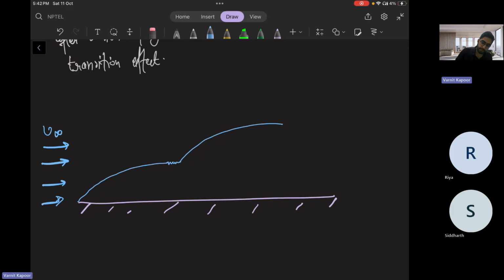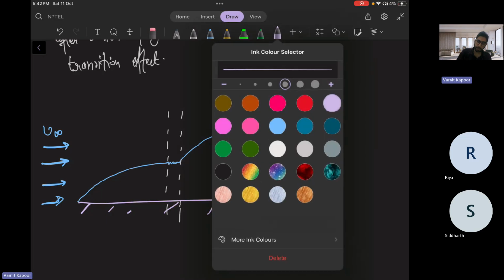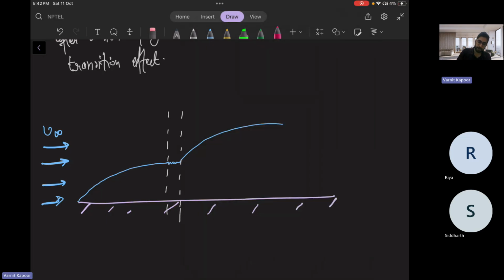So this transition zone is the zone where the critical Reynolds number plays a very important role. Inside this, the critical Reynolds number value for flow over a flat plate, suppose we say the center line value of the Reynolds number, is 5 times 10 to the power 5.